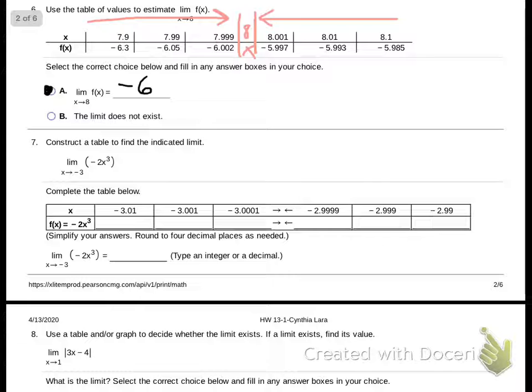Sorry for the back and forth. So, this was 54.5418.